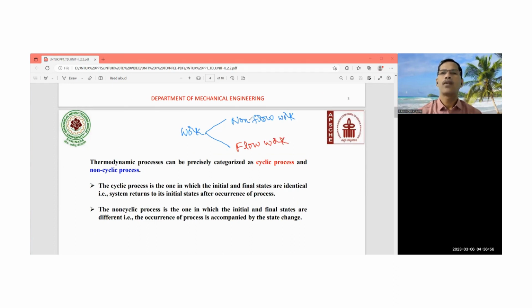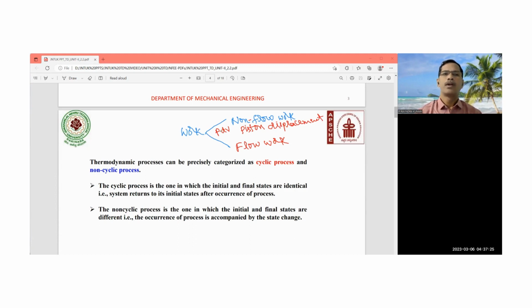The non-flow work is nothing but what you can call piston displacement work, which was covered in the earlier class. That is nothing but the PdV work. So this is the non-flow work.